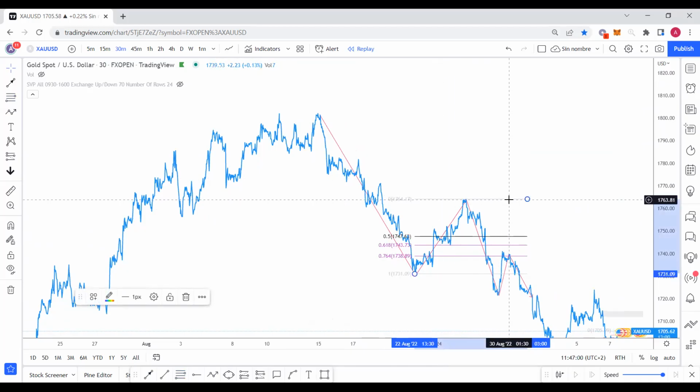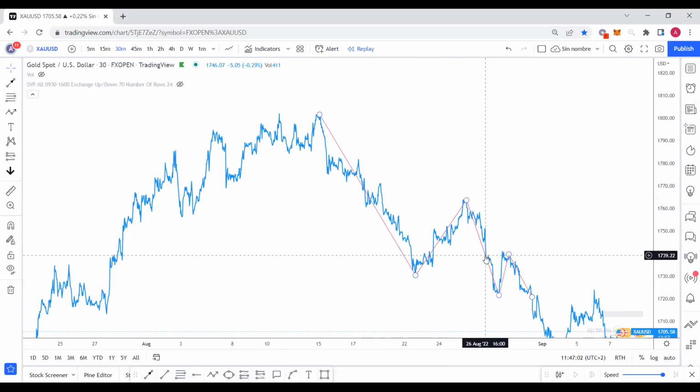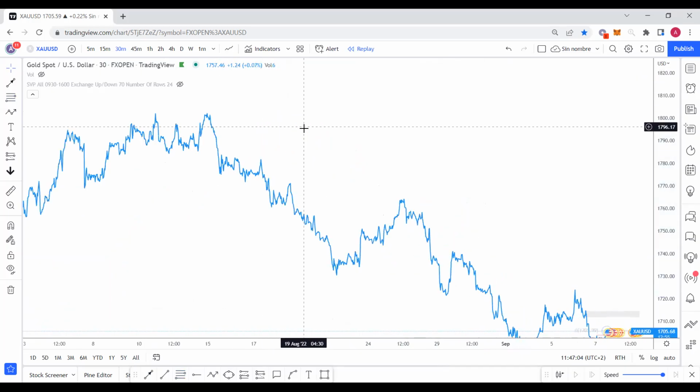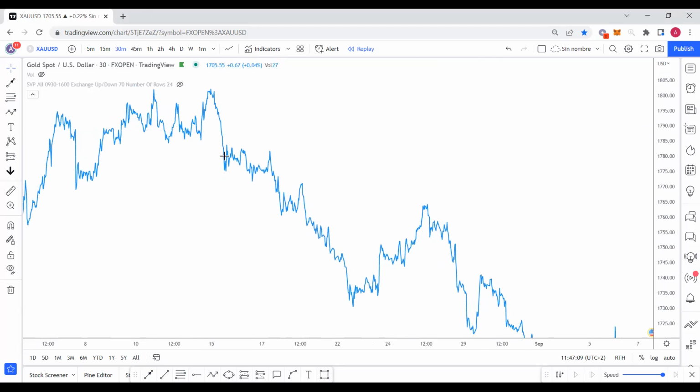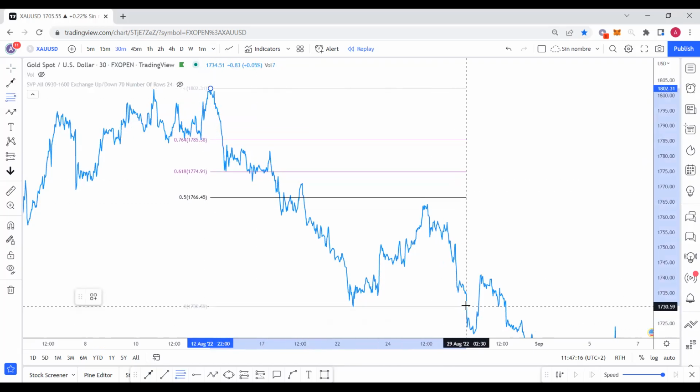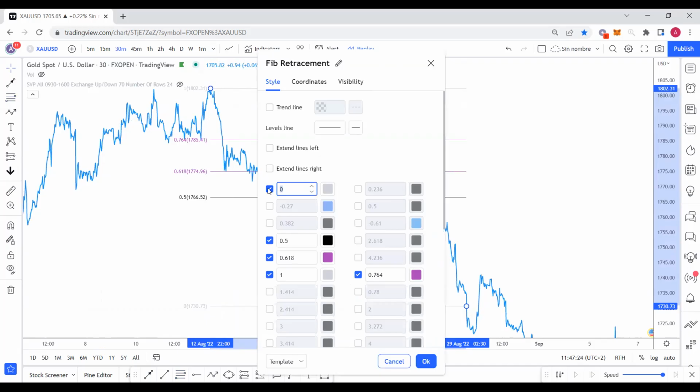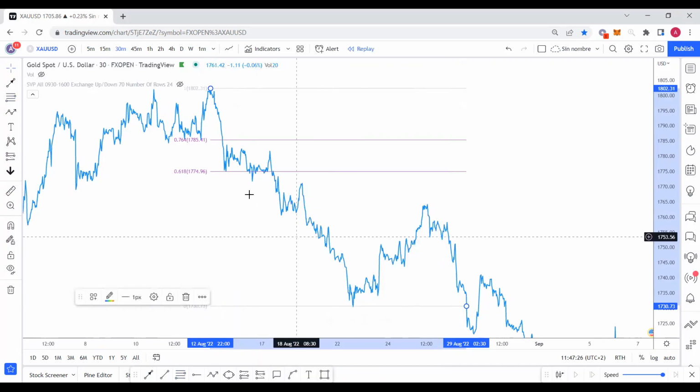Why is it a good tool? Because whenever price falls or goes up, when it creates an imbalance, it usually mitigates. If it falls hard, it will mitigate the imbalance. If you use these levels, which are the only levels I use, it will tell you levels which are high in the percentage.